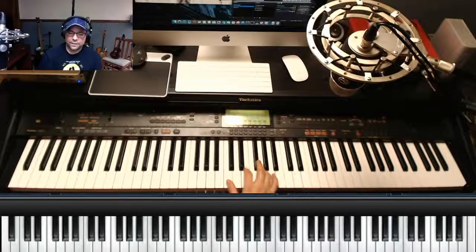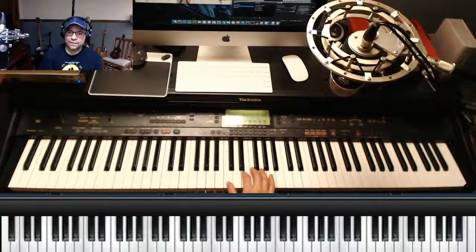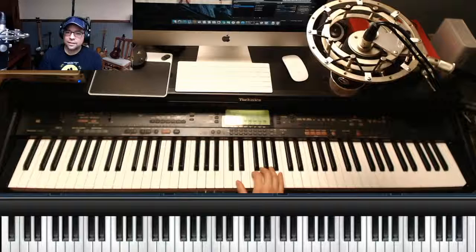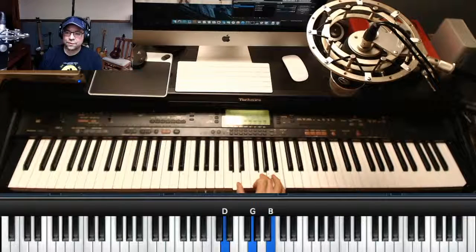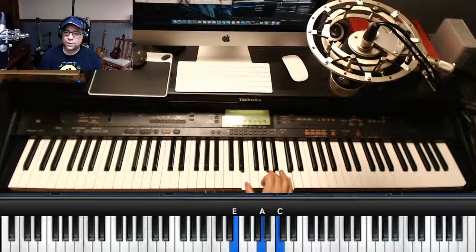Again, for my fingerings, I'm using 1, 2, and 4 for the C root position. When I'm moving to the F, like in the video prior, I'm using a 1, 3, 5. For our G chord in second inversion, we're also going to use the same fingerings, 1, 3, 5. And for our A minor, same fingerings, 1, 3, 5.